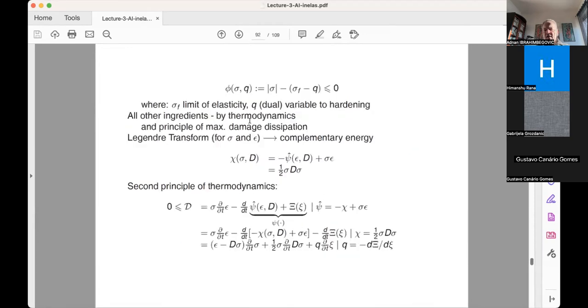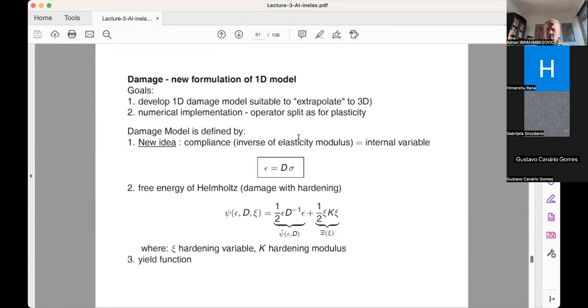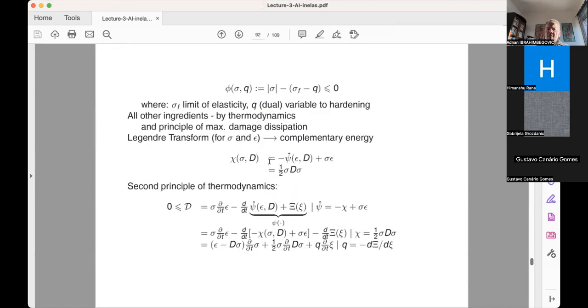Then I sometimes introduce this small change. Instead of starting by postulating that epsilon is D times sigma, I can postulate the complementary energy in terms of damage compliance to be given as a quadratic form, 1/2 sigma times D times sigma. And then basically appeal to the Legendre transformation to exchange the roles between sigma and epsilon, and start with this as the first hypothesis.